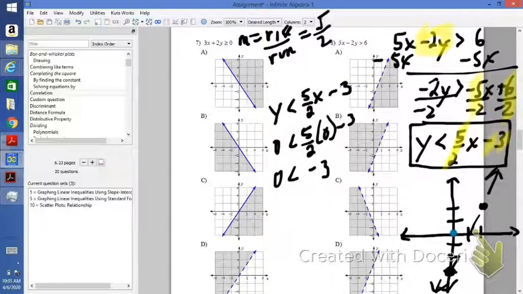And the answer is no, it is not. So you shade away from the test point. So that's all this area right here. And if you look at A, B, C, and D, you'll notice that A is going to be your correct answer again for number 8.